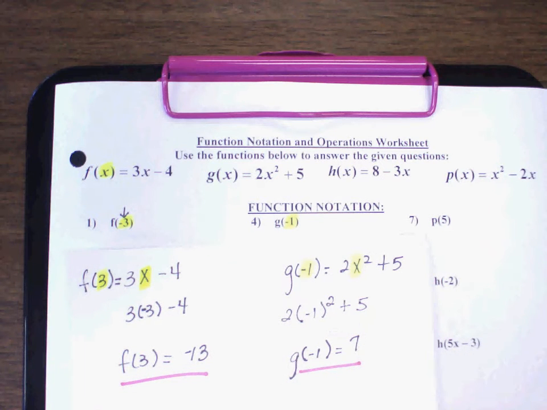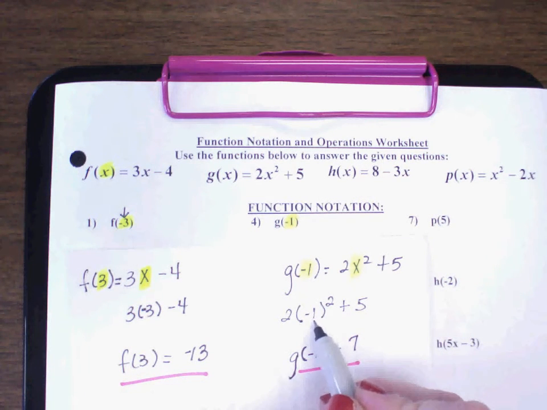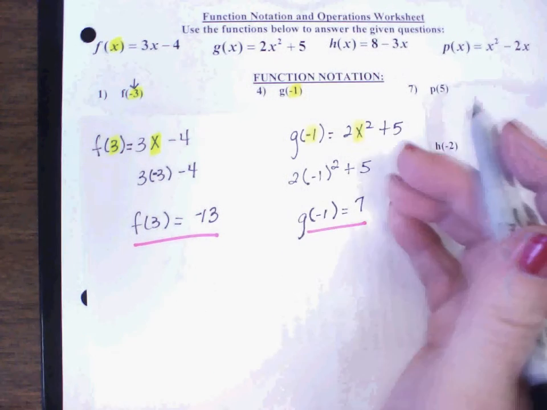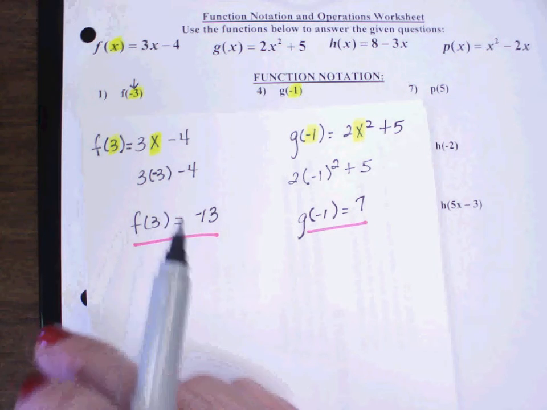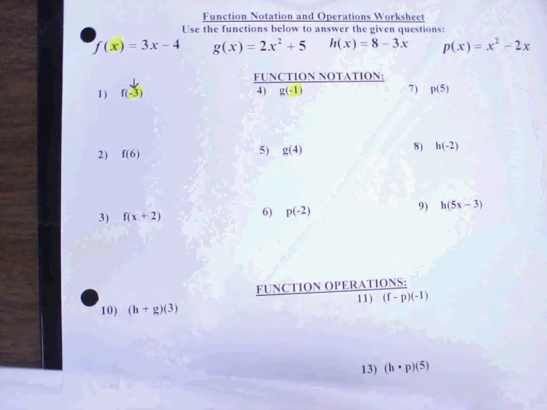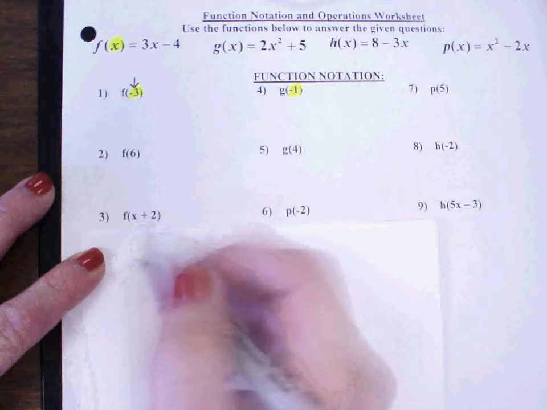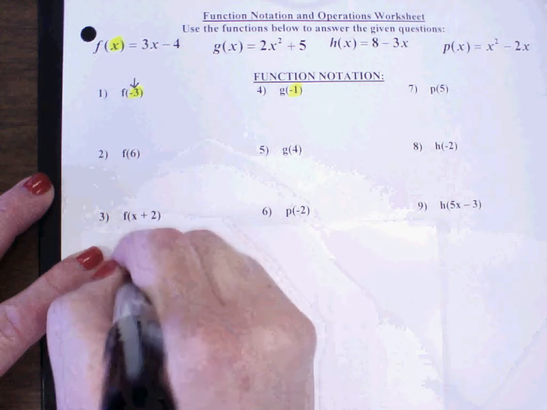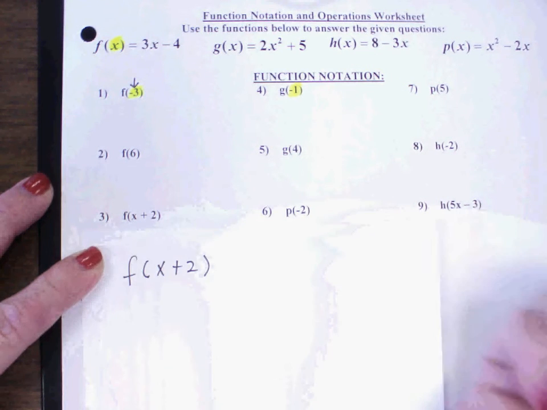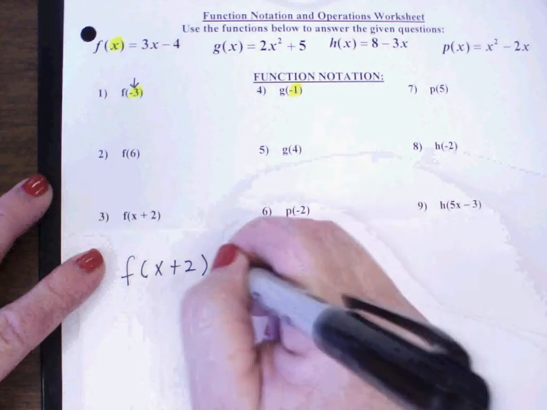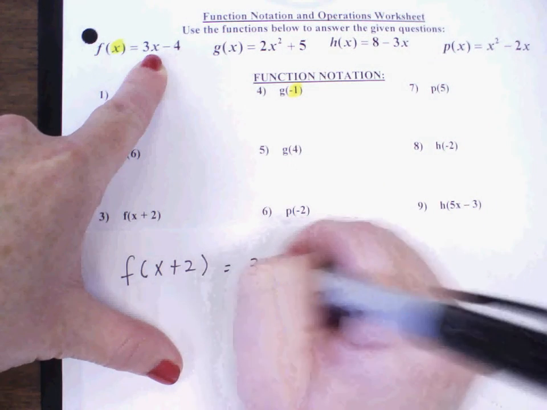All right. But what happens when you don't have a number and you have an expression? All right. So over here, I have f of x plus 2, and f of x is 3x minus 4. Still the same concept. All of this needs to be substituted for the x. Every time you substitute, you're going to open a parenthesis. So that would be 3, open parentheses, plug in what the x is, which is x plus 2, and then take away 4.